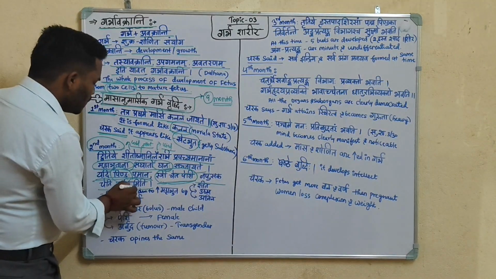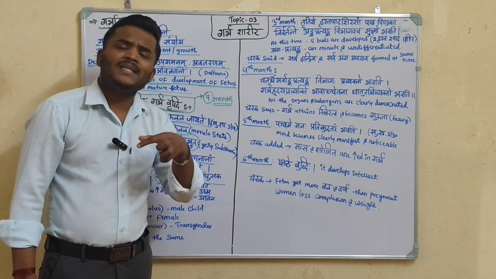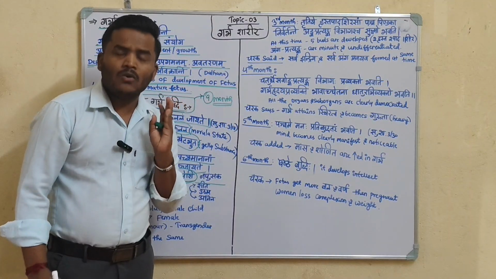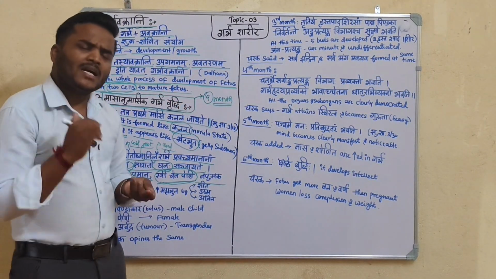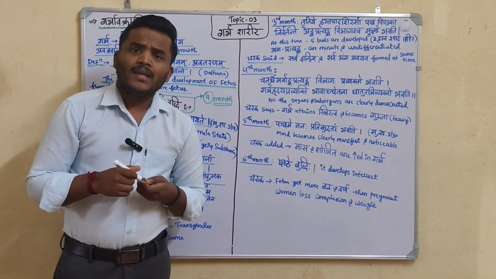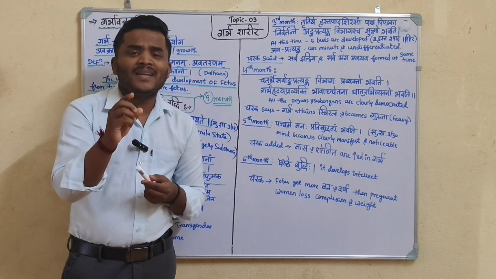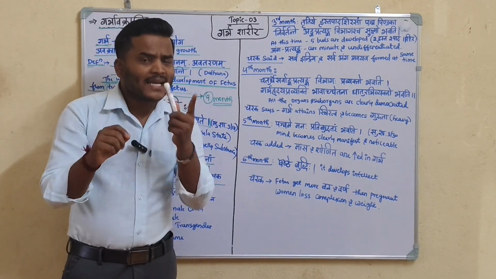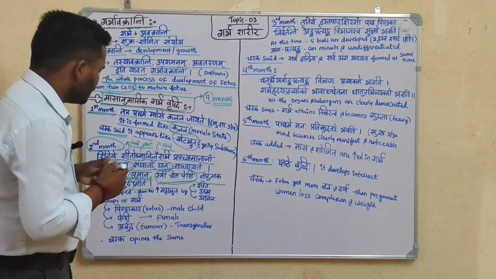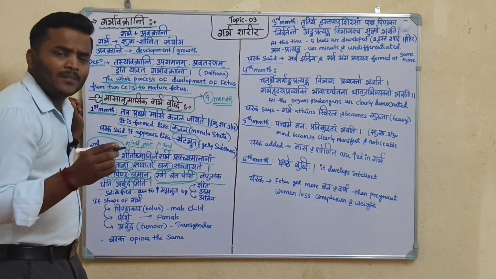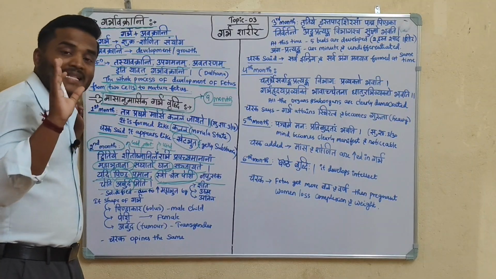If it is in the form of arbuda, a tumor-like structure, then it becomes napumsaka. Here Acharya Sushruta said that the sex of the baby is determined in the second month. In ancient days, sex determination of the baby was done in the second month.